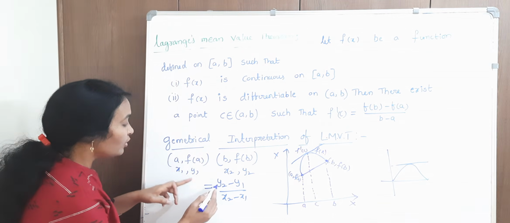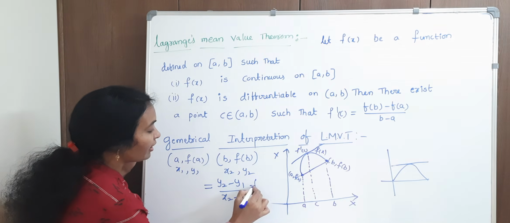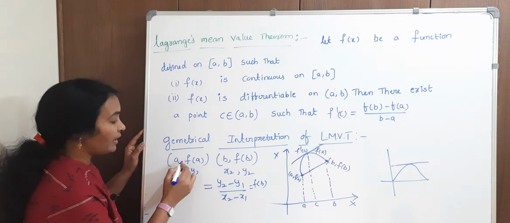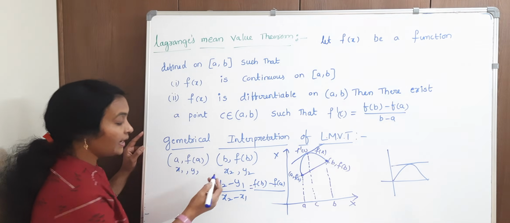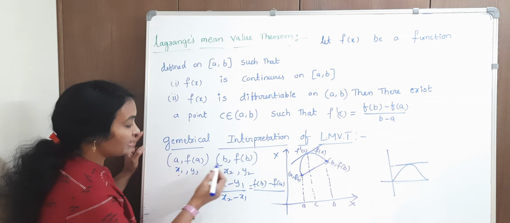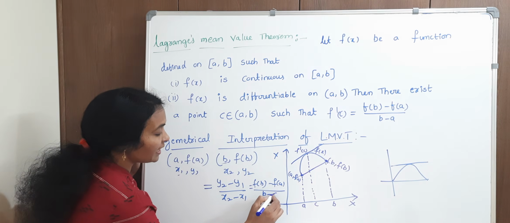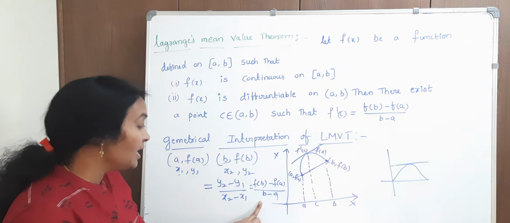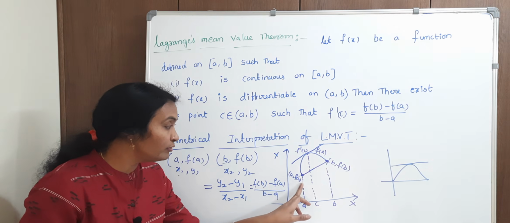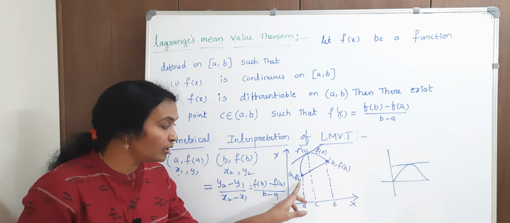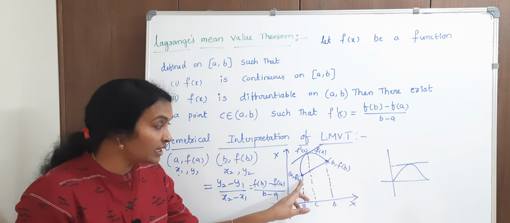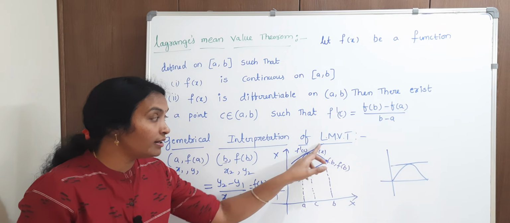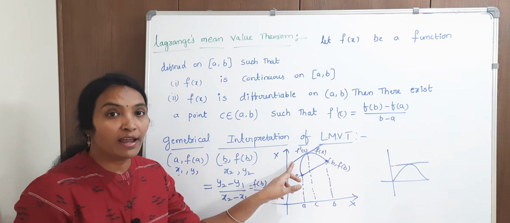Here y2 is f of b and y1 is f of a, divided by x2 minus x1, which means b minus a. Indirectly, the slope of the line joining these two is also equal to our tangent slope f dash of c.